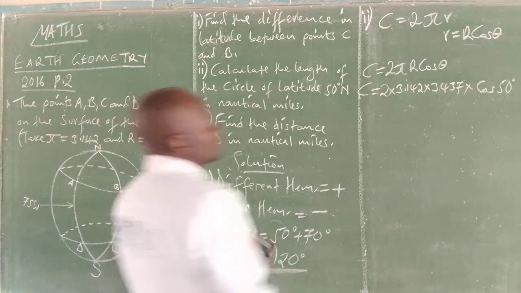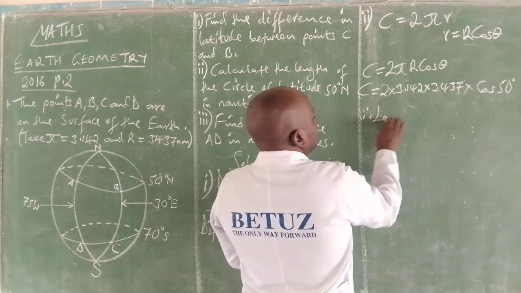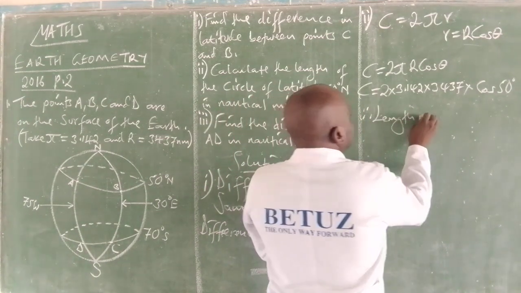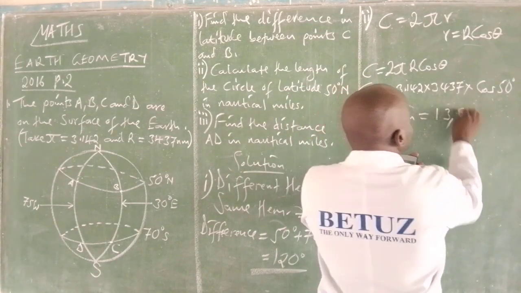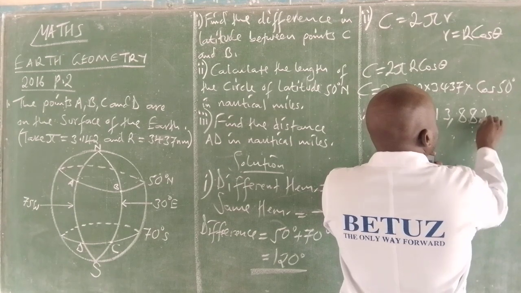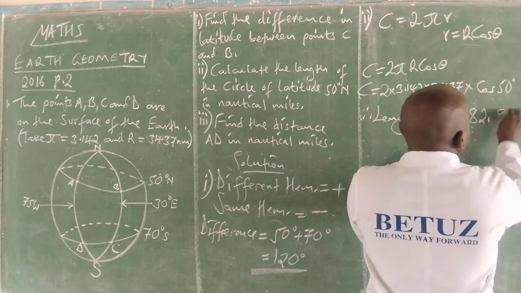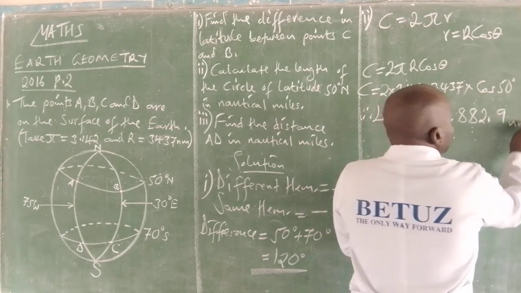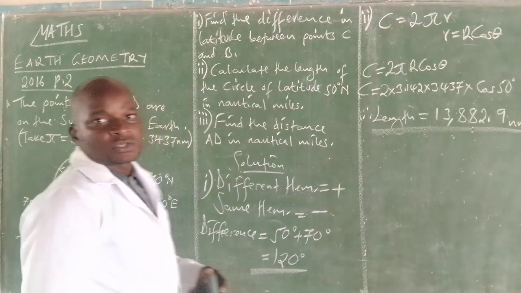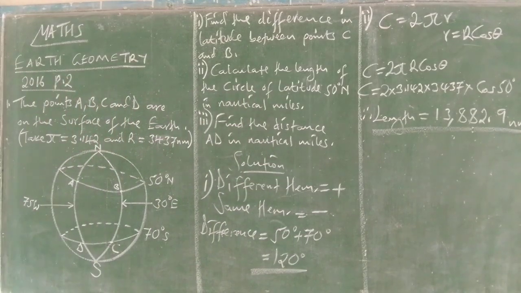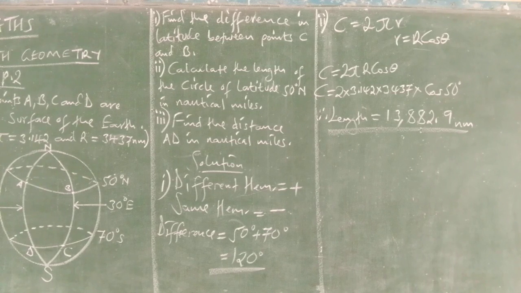So we are getting the length equal to 13,802.9 nautical miles. By doing so, you have calculated the length of that latitude.